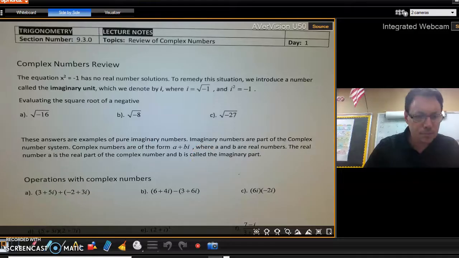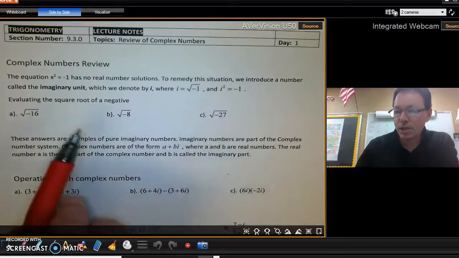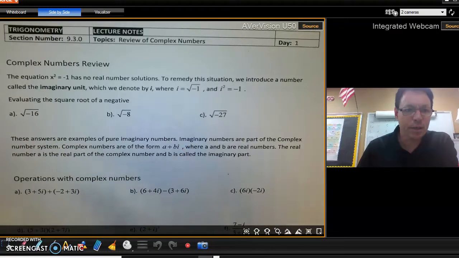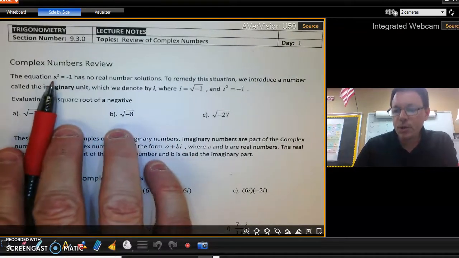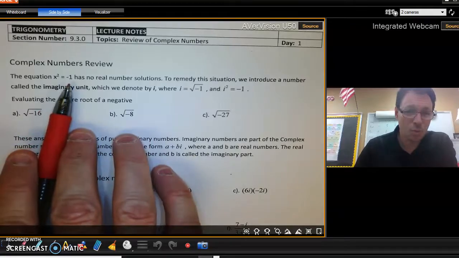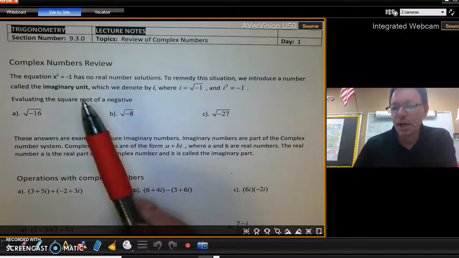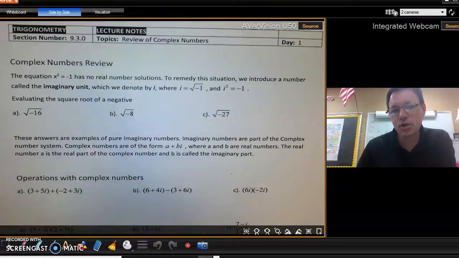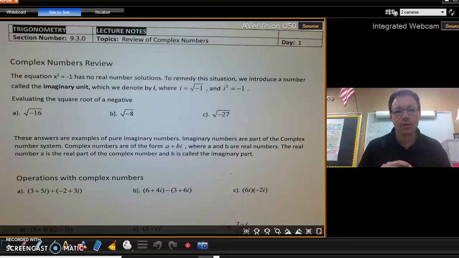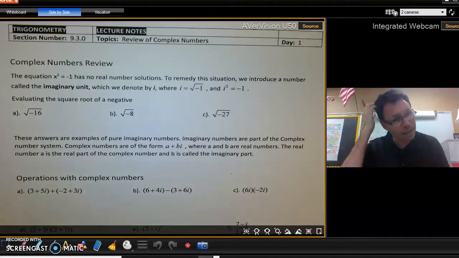So for starters, let's just take a look and try to remind you of what complex numbers are. When you're in Algebra 2, or maybe Algebra 1, you were probably introduced to this. If you have an equation like x squared equals -1, there is no real solution to that. There's no number that you could square and get -1 as an answer.